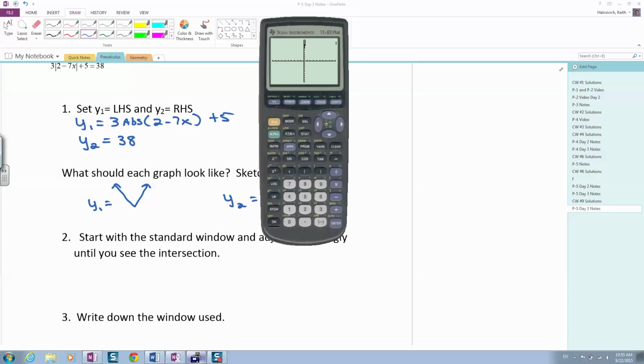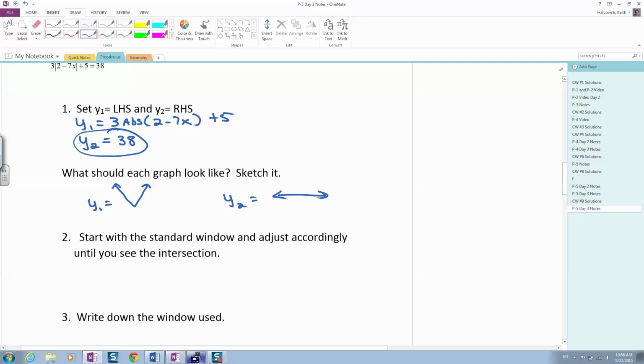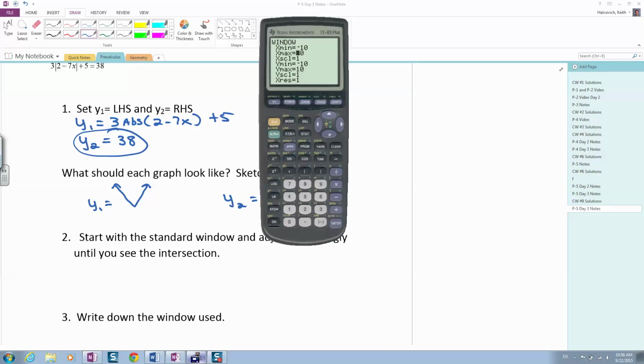Notice part of the thing shows up, but not the whole thing. So what we're going to do is change, since y sub 2 is 38, that means we have to make the y maximum at least 40.